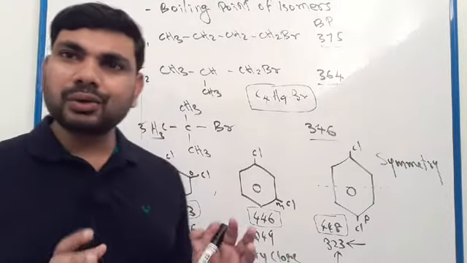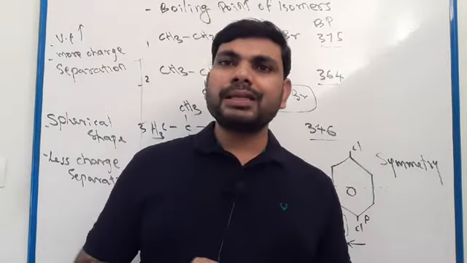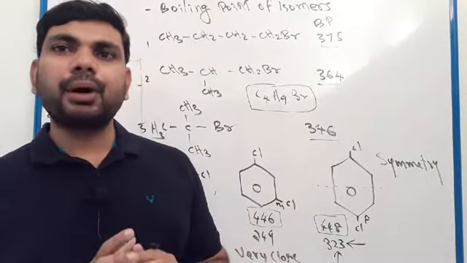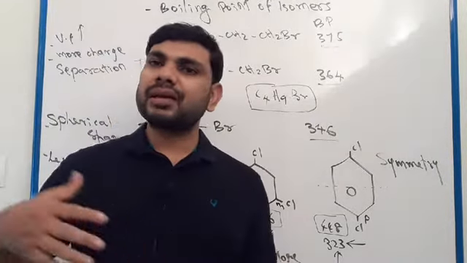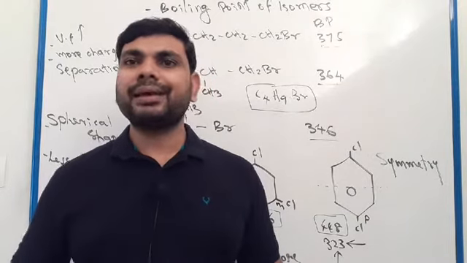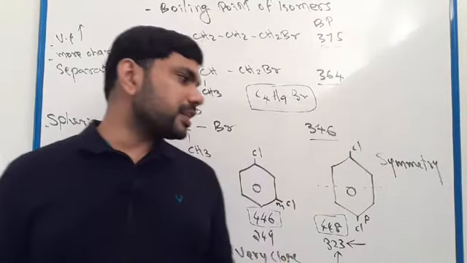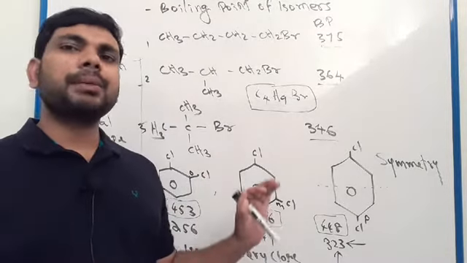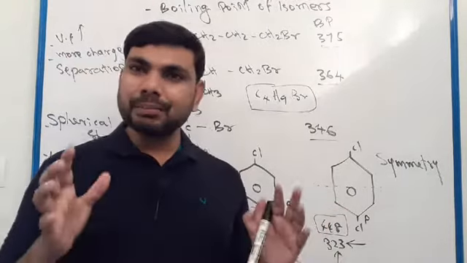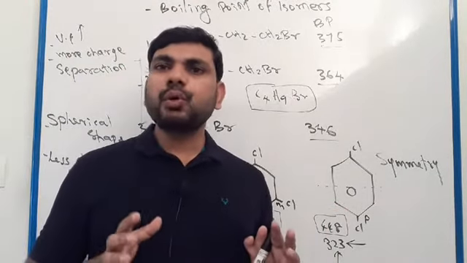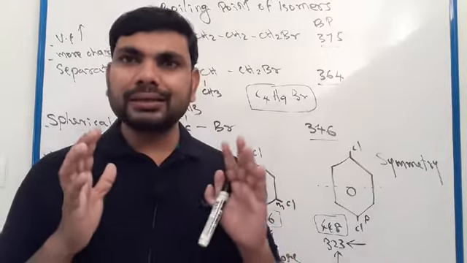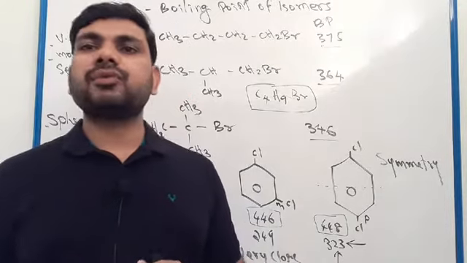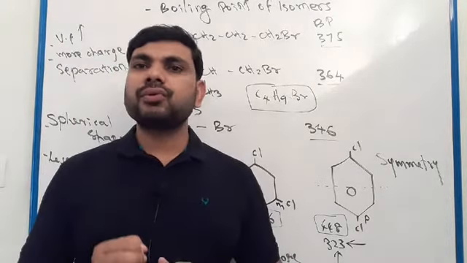So in dichlorobenzene, the ortho and meta isomers show almost a similar melting point. The para isomer shows a different, higher melting point. Give the reason: the other two isomers are non-symmetrical, but the para isomer is symmetrical in structure, and this molecule can pack very closely, and they have strong intermolecular force of attraction.